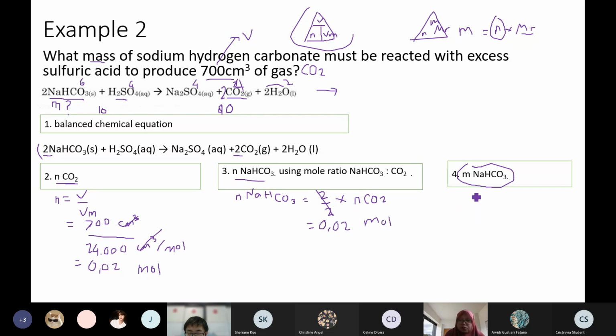And then the last step is to find the mass. The formula of mass is mole, right?